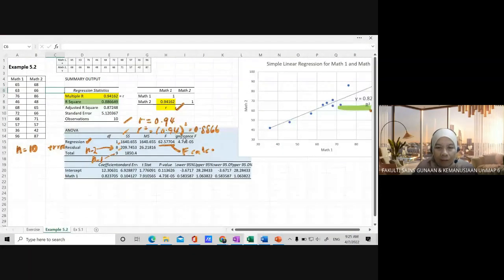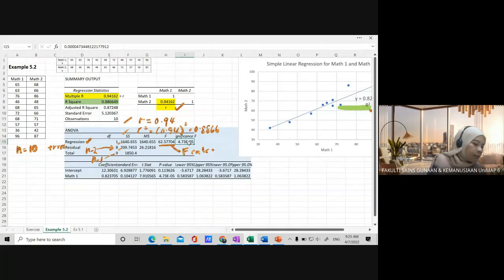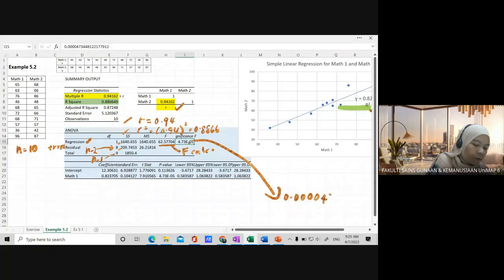In fact, your significance value is given in your table. Here, you can see this is your significance F value. Very small. If I write it down, this one is actually 0.0000473. This is your p-value.